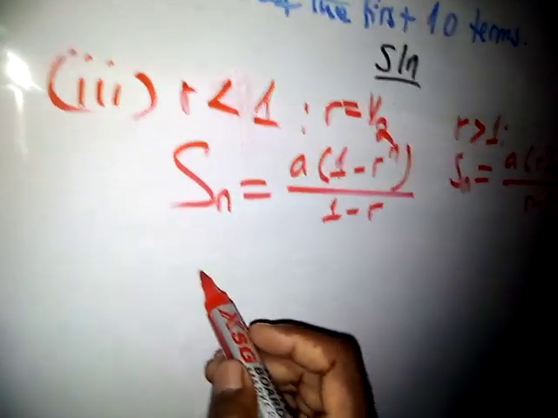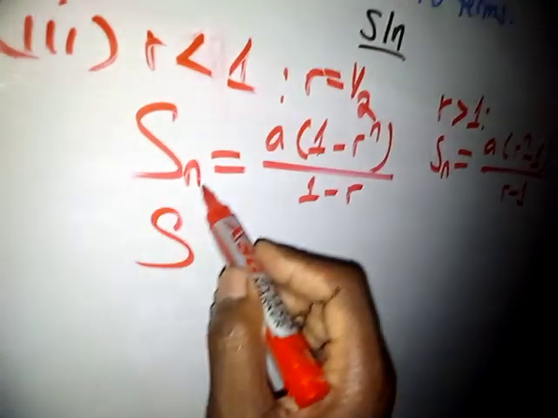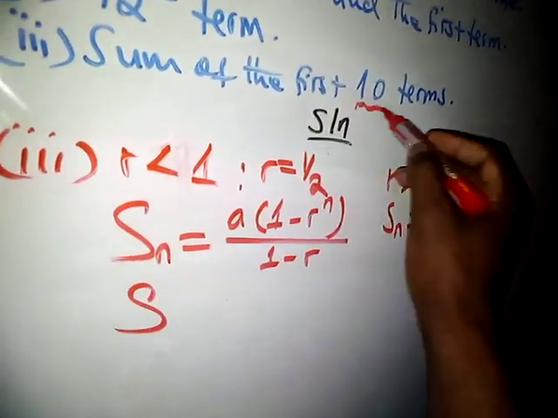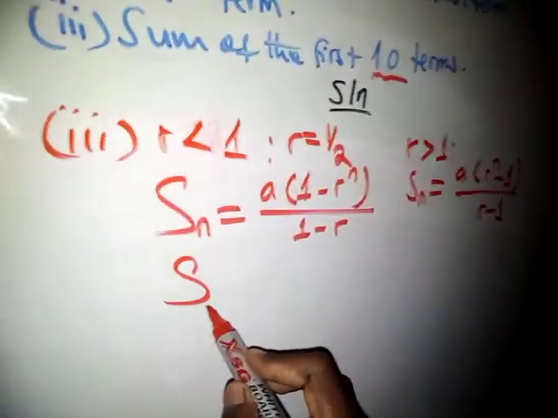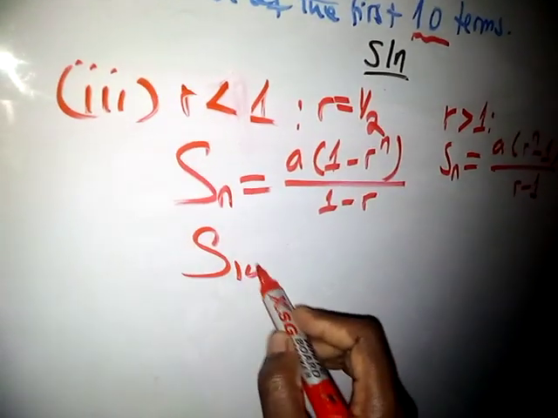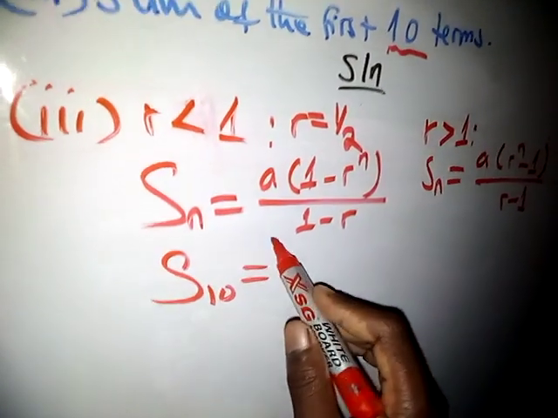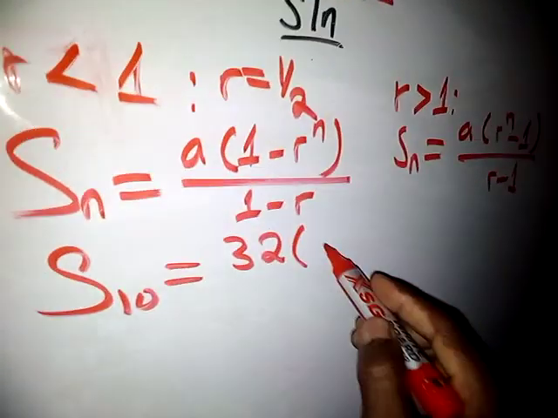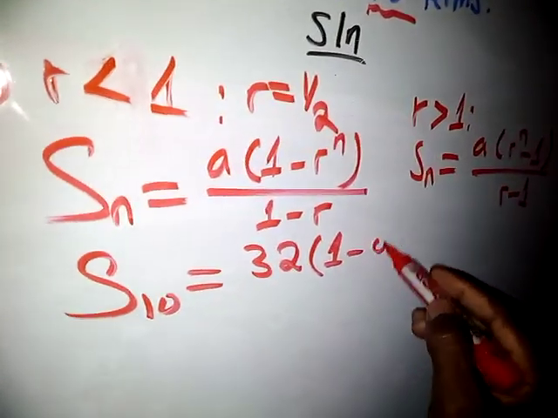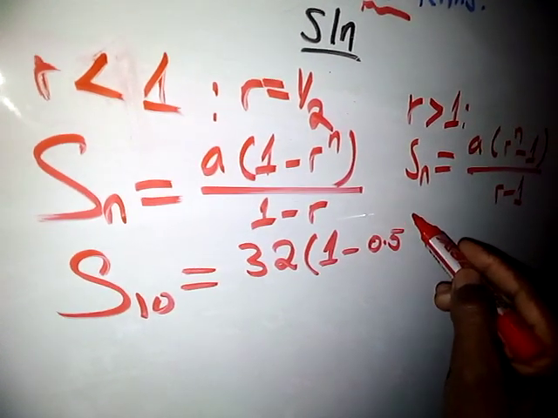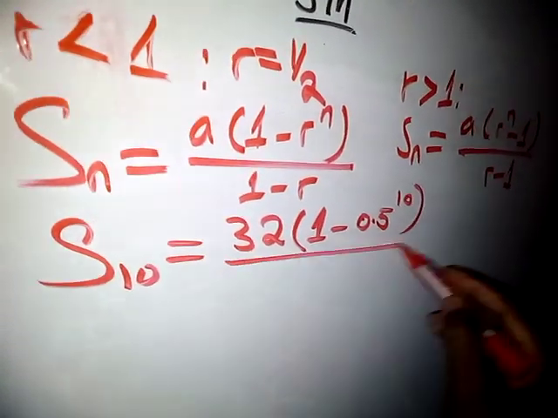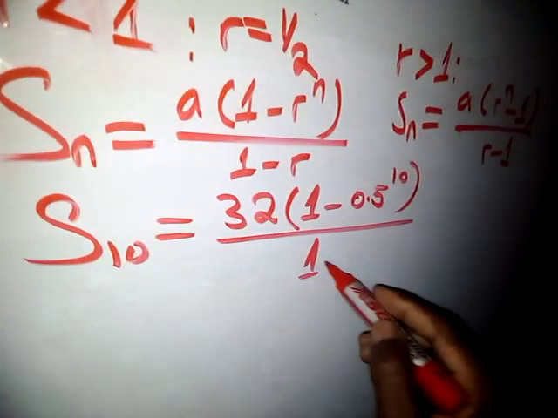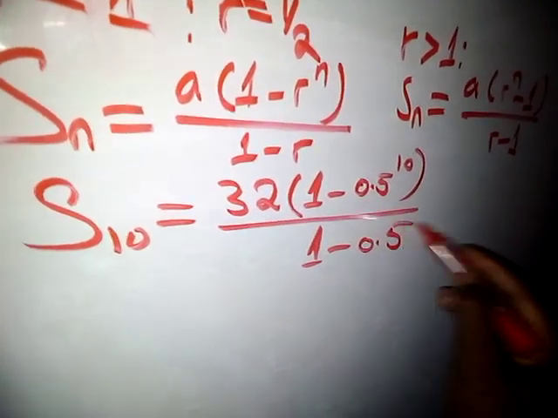So here we say the sum of the first n terms, in this case it will be 10 terms. Where there is n, we'll put a 10. So the sum of the first 10 terms will be equal to a, which is 32, times 1 minus 0.5 raised to the 10th power, and everything over 1 minus 0.5.